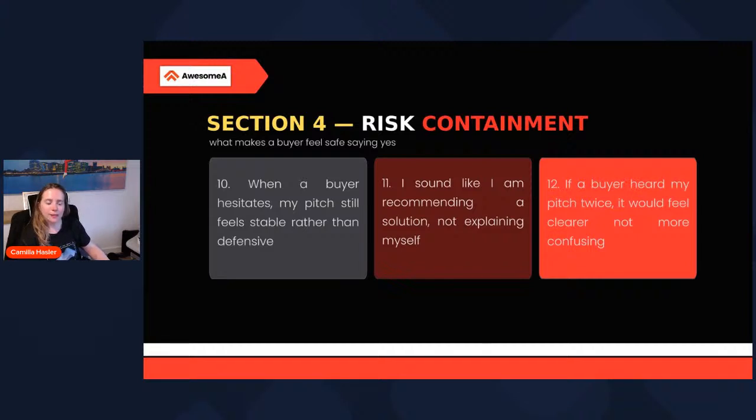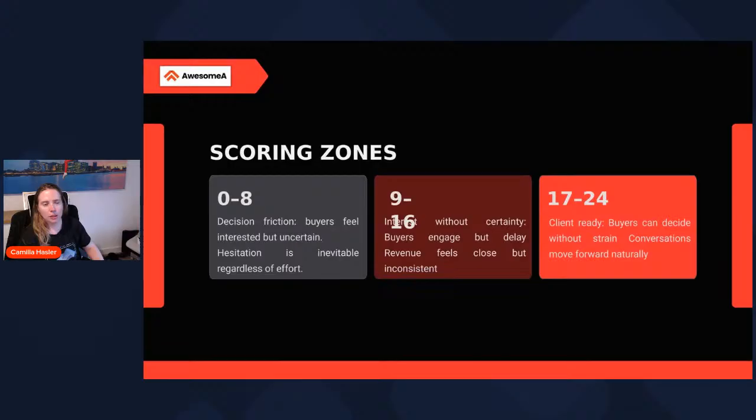And we're moving quite fast here. So number 12, if a buyer heard my pitch twice, it would feel clearer, not more confusing. The more times your buyer hears your pitch, is it still clear, or does it confuse?